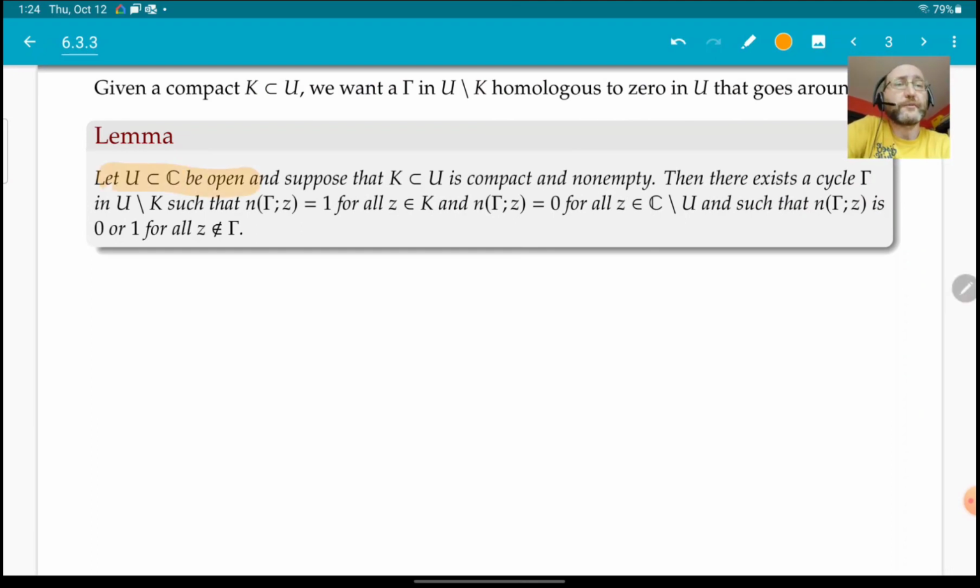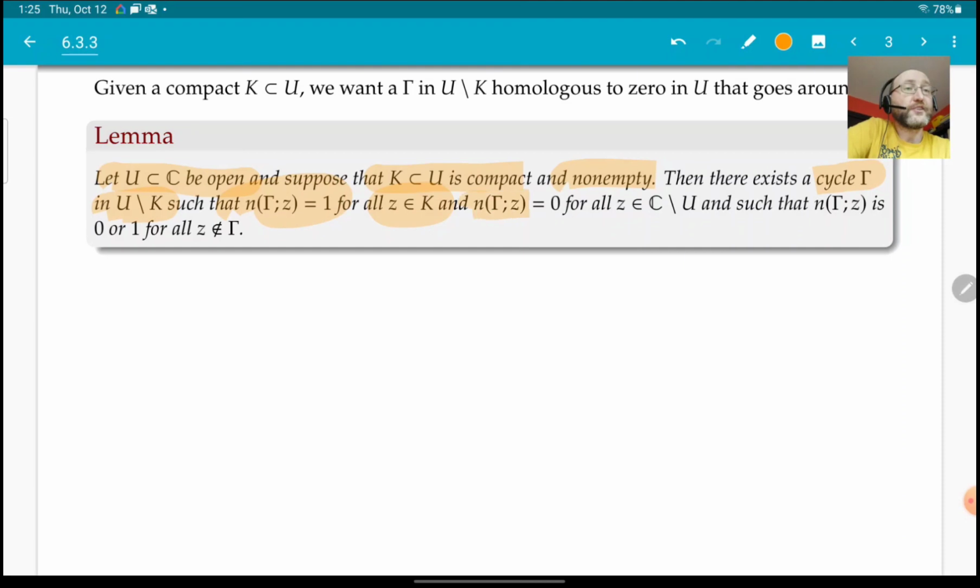So suppose that we have an open subset U of the plane. K is compact and non-empty, otherwise there's nothing to do. Then there exists a cycle gamma that doesn't go through K, but it's in U, so it's in U minus K. The winding number around every point in K is exactly 1, so it goes around every point in K once.